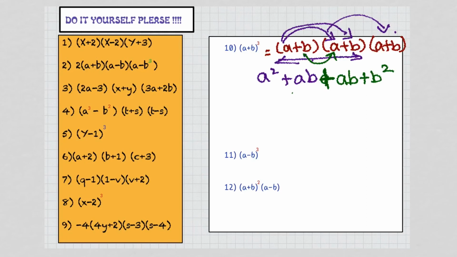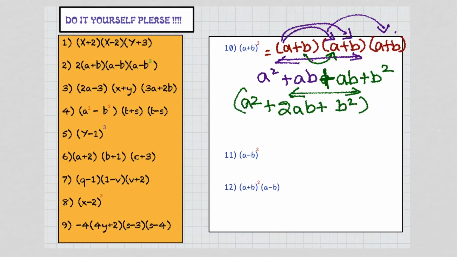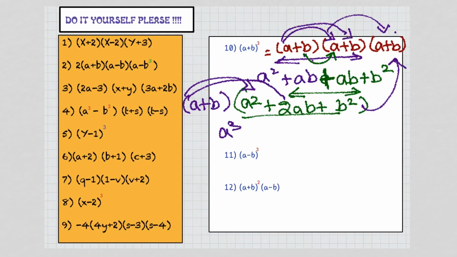Any like terms? Yes, we have like terms ab, so we can write it as a square plus 2ab plus b square. Now we're going to multiply this answer with the third one, a plus b. So we write a plus b in front of it and then multiply just like we did in the last example. a times a square is a cube, a times 2ab is 2a square b, and then a times the last one is plus ab square.